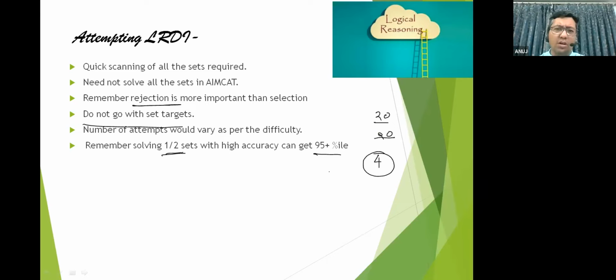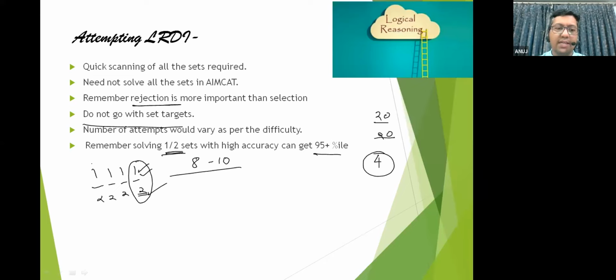You can have one more strategy. When I talk about 1 to 2 sets, I mean 8 to 10 correct answers. So you can go through each and every set, pick up the easy questions from them, and solve 2 questions each. But that is very risky. It is extremely risky because if a set is very difficult and I'm trying to solve 2 questions, I will unnecessarily waste a lot of time in solving that set just for the 2 questions.